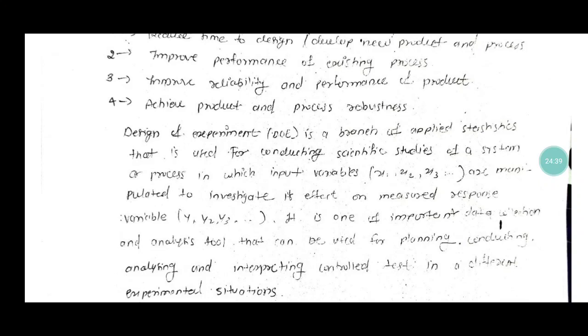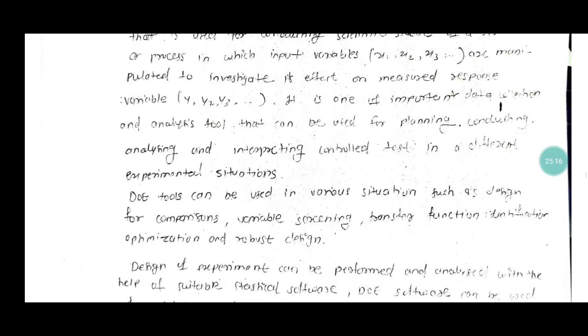DOE is a branch of applied statistics that is used for conducting scientific studies of a system or a process in which input variables x1, x2 and x3 are manipulated to investigate their effect on measured response variables, that is y1, y2, y3. It is one of the important data collection and analysis tools that can be used for planning, conducting, analyzing and interpreting controlled tests in different experimental situations.